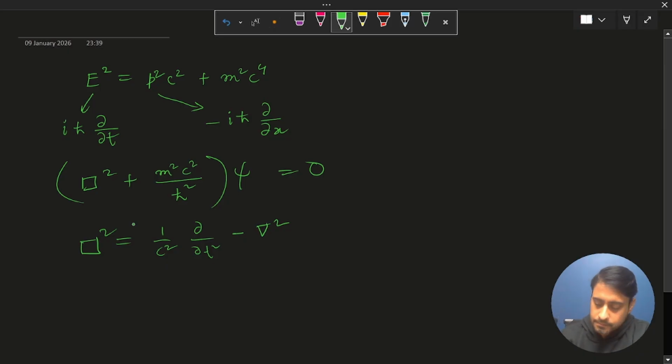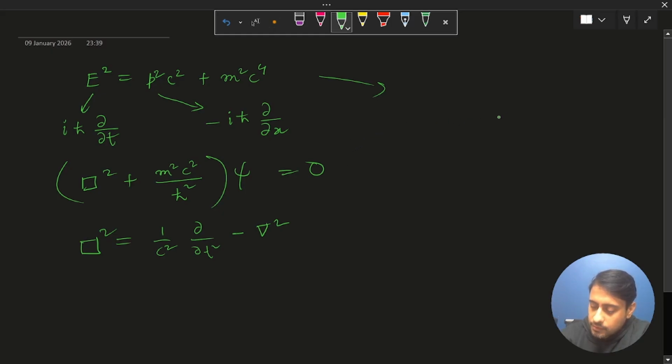So we saw that when we solve this equation, this gives us a similar kind of equation like the Schrodinger equation, and this is called the Klein-Gordon equation.